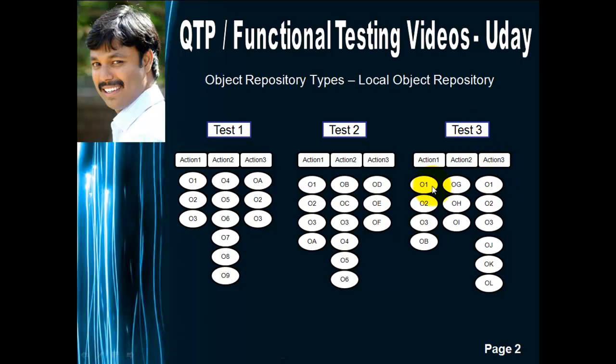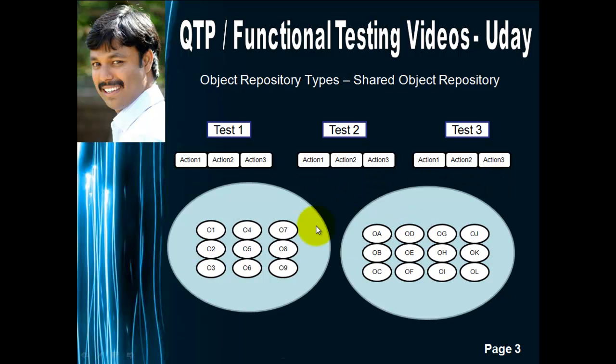Because in a local object repository the objects are associated only with the specific action, these will be considered different objects. Any update that you do in one action will have no impact on the other objects.